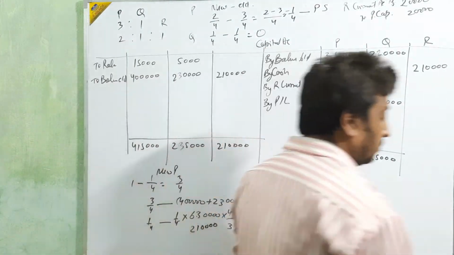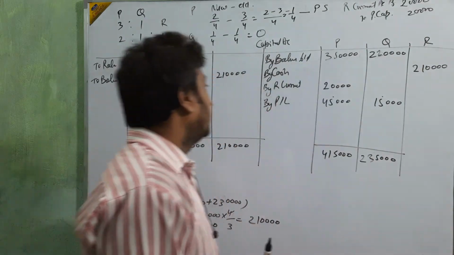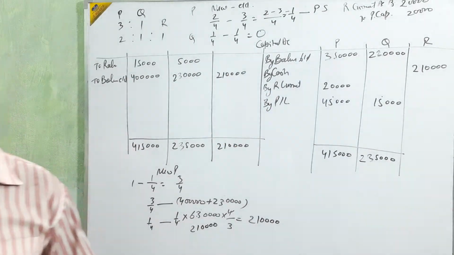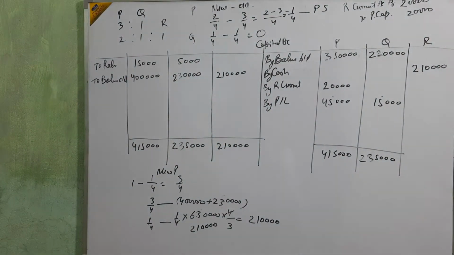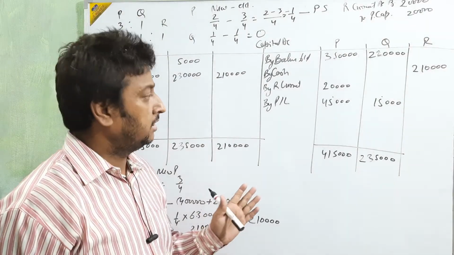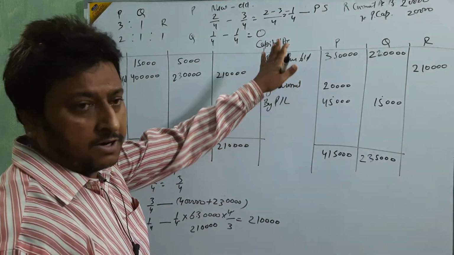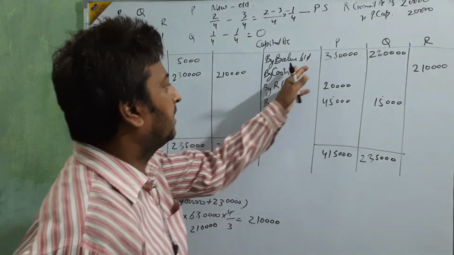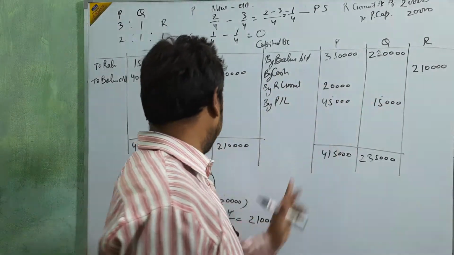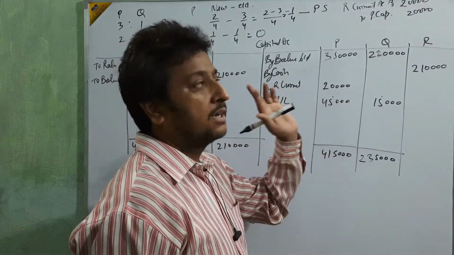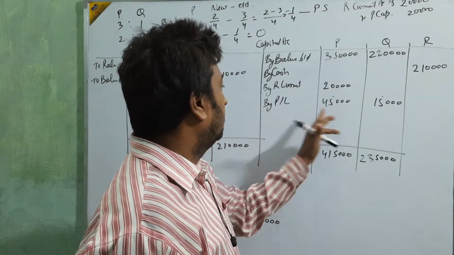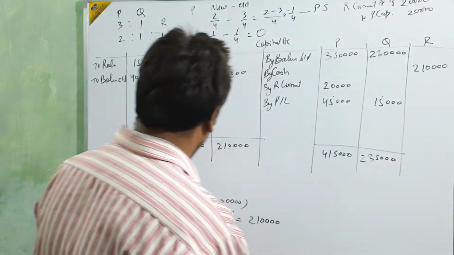Now we are going to make the balance sheet, beta. See it again. If any problem is there, tell me in the comments. Where is this amount coming from? It's a balance. Cash we are going to calculate. Current account for this entry. Profit and loss is given on the liability side.